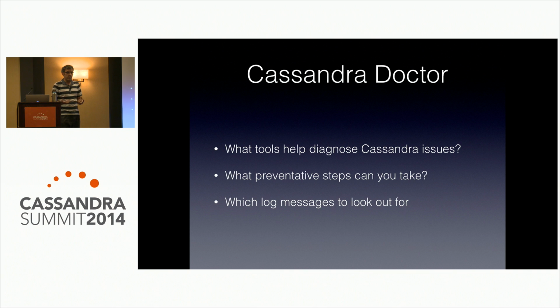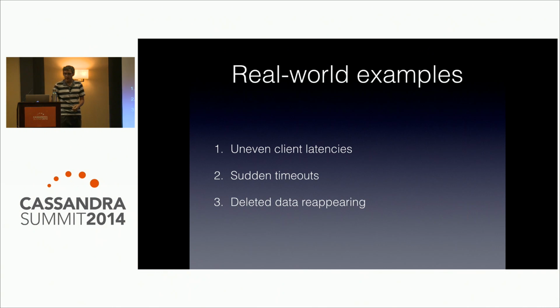I'm going to illustrate this with 3 real-world examples of things that happened at Apple, how I diagnosed and fixed them, and maybe tell you how you could avoid them. So first one, uneven client latencies.